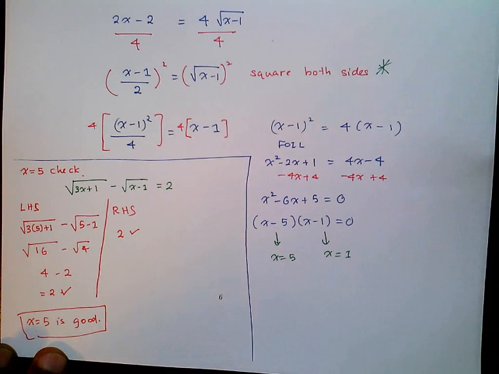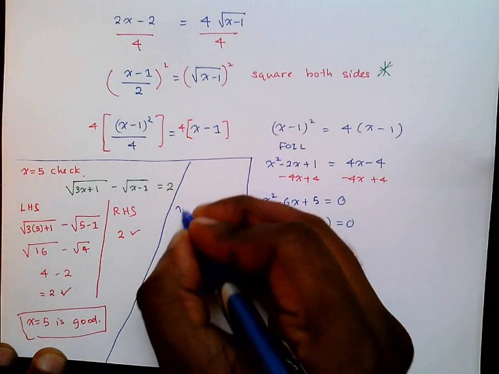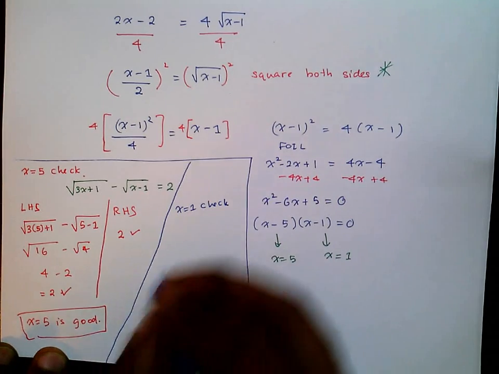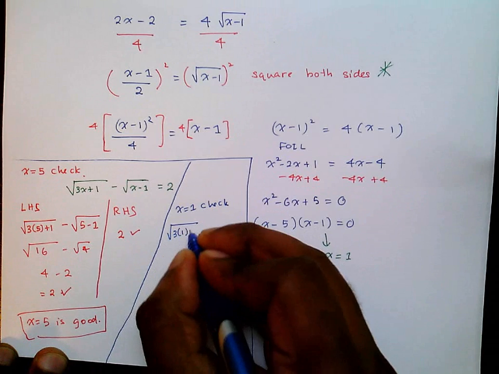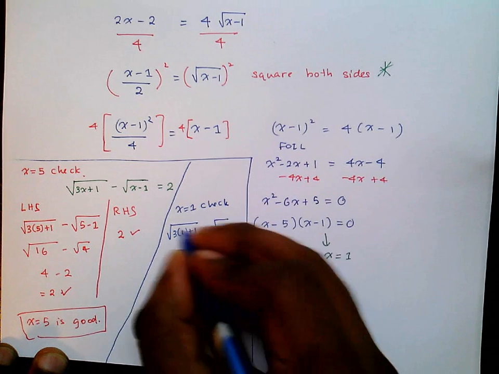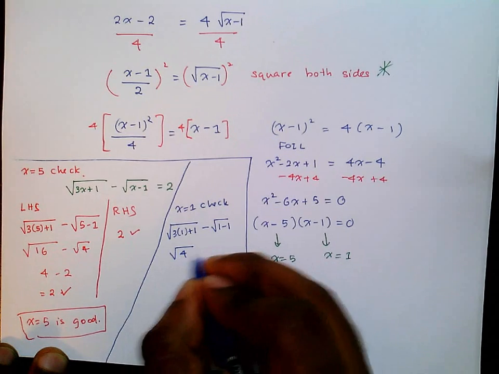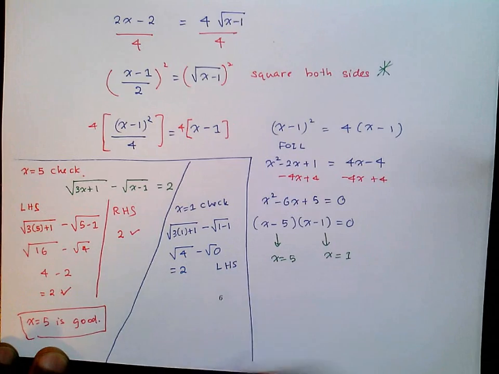Now how about the other one, x equals 1? So plug it in: square root of 3 times 1 plus 1 minus, that's the left hand side, square root of 1 minus 1. That is square root of 4 minus square root of 0, that is 2, that's the left hand side.